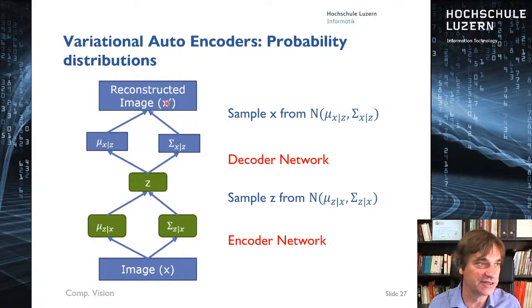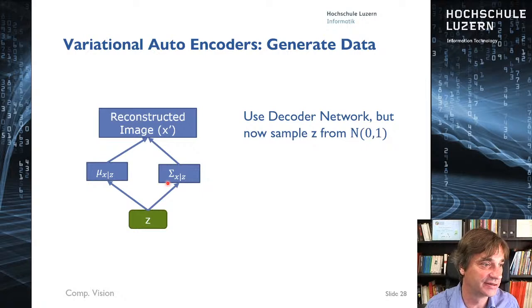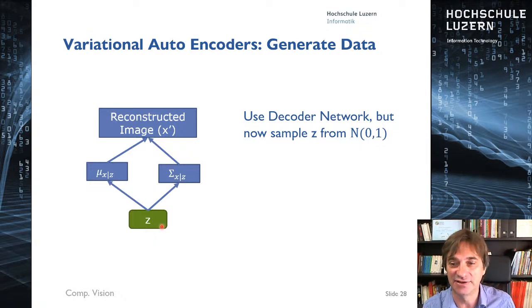So the difference between the autoencoders and the variational autoencoders is that the distribution here is Gaussian, and you know the Gaussian distribution so that you can sample from it. So once you have learned all that, you can just sample from Z and then reconstruct the image.